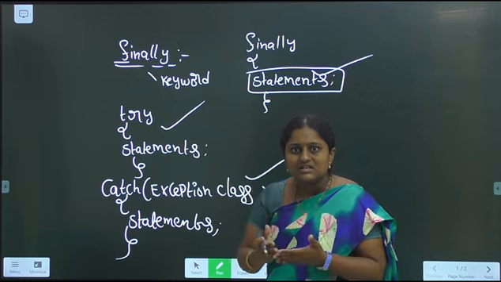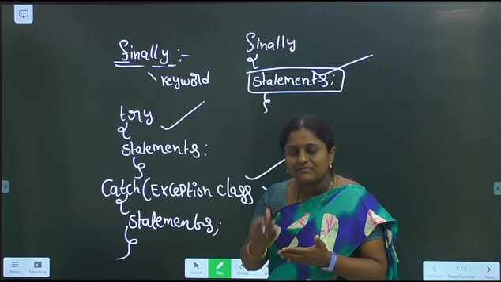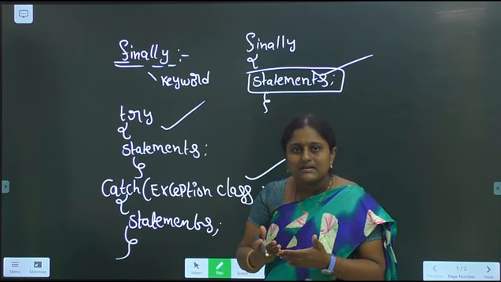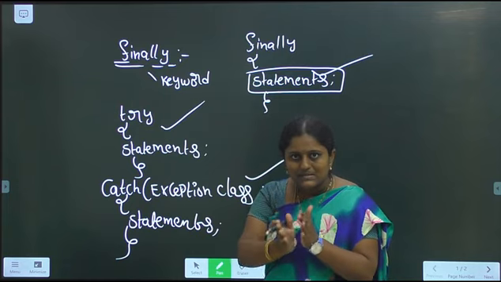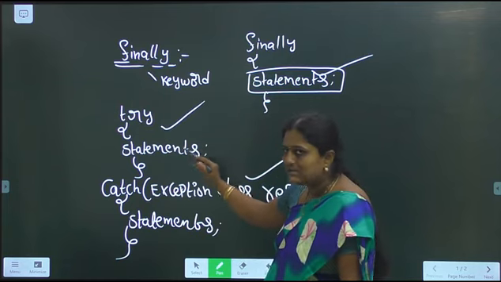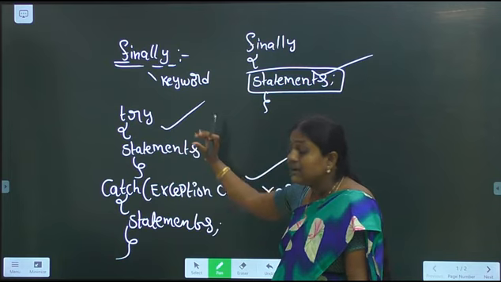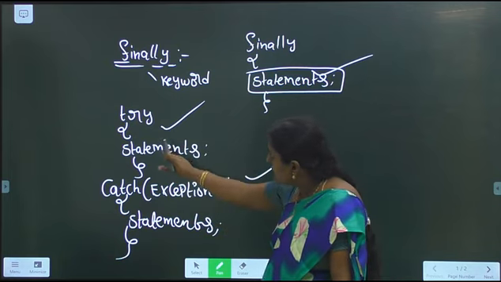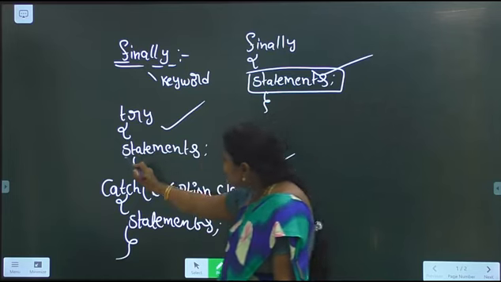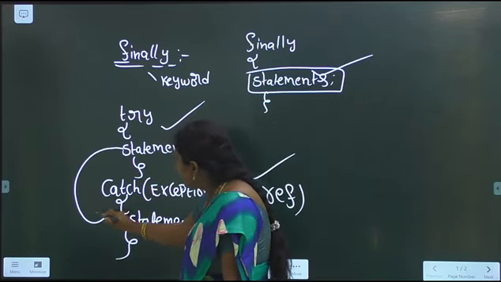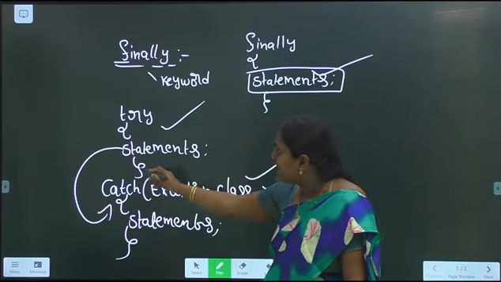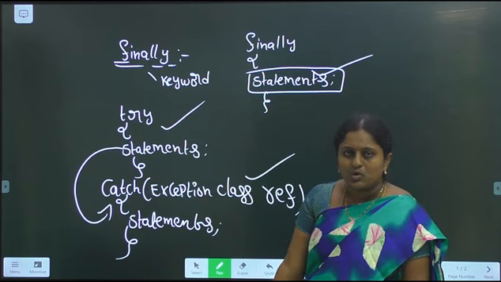If there is any statement raising an exception, those statements we write inside the try block. Try identifies the exception. Whenever an exception is identified, try suspends the execution of the try block and transfers the identified exception to the catch block.